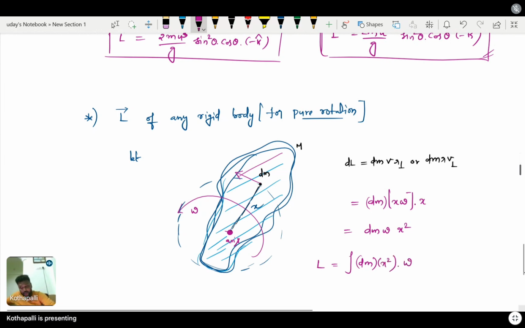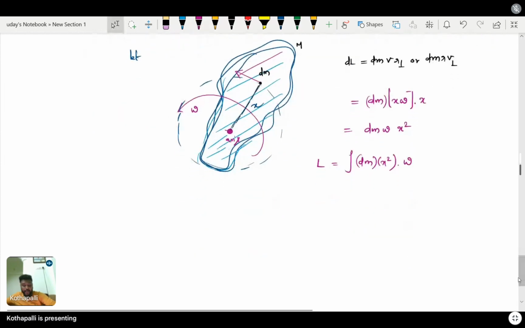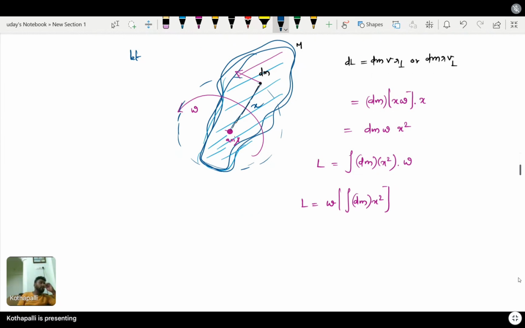In this, x is variable, obviously; if I take the point mass at different positions, the x value will change. So I'll keep omega outside and the integral of dm into x square separately. Is this a known formula, have we seen it somewhere? What is dm into x square?